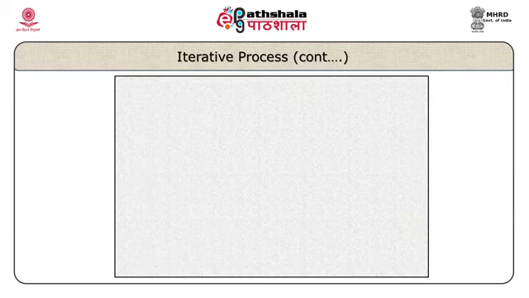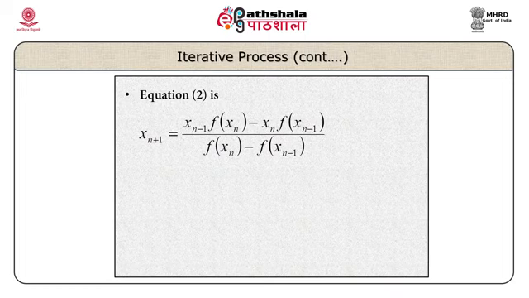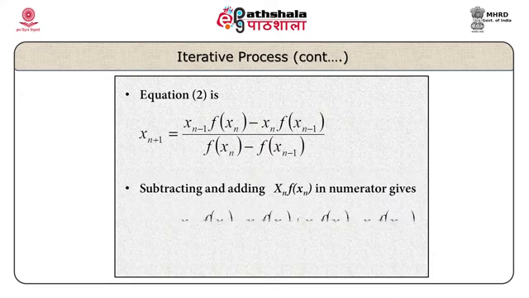If you remember, the formula of the secant method is x(n+1) equals [x(n-1) f(xn) minus xn f(x(n-1))], that is in the numerator, divided by f(xn) minus f(x(n-1)). See, this formula let us modify a little bit.